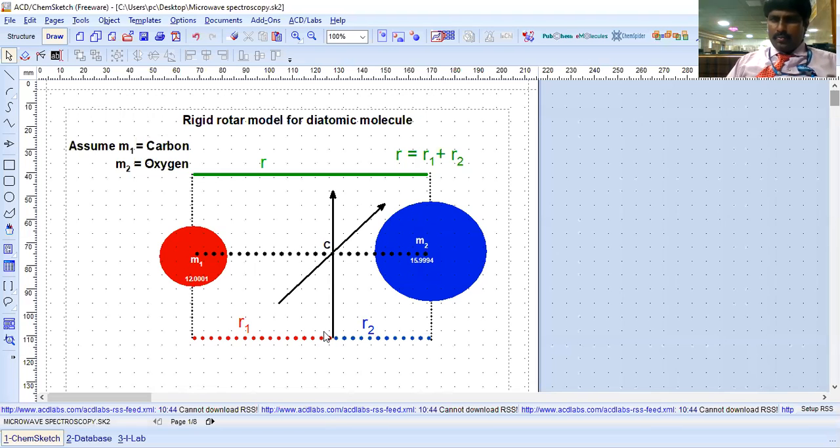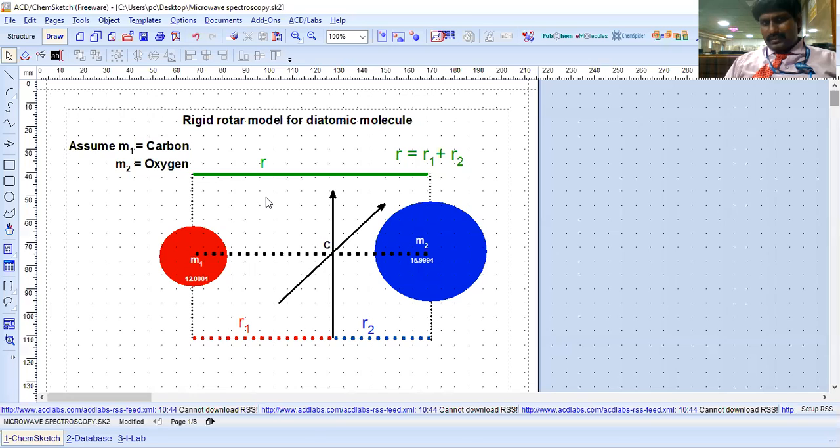Now, at this point C, the center of gravity, we assume that M1 R1 equals M2 R2. That is the standard condition. M1 R1 equals M2 R2 at the center of gravity.